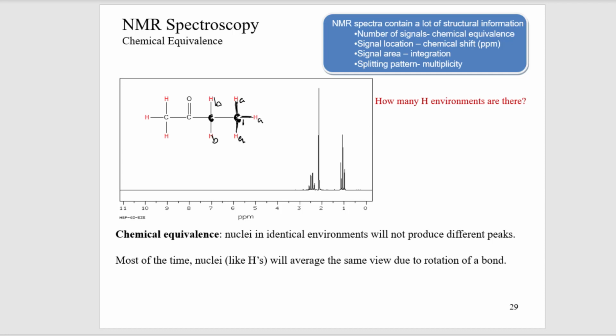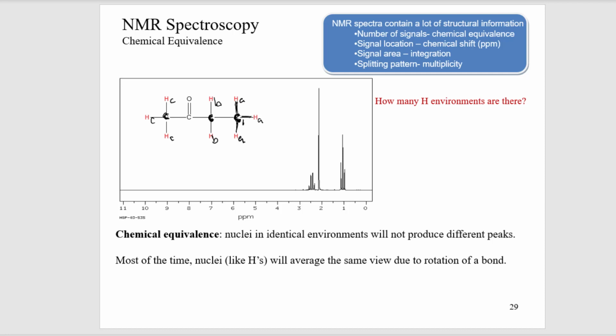The only other environment we see is the far left, right? The carbon on the far left has three hydrogens, and we'll call these C. Now, you might say, well, why didn't we call them A? Well, the hydrogens in environment C are on a carbon immediately next to the carbonyl.